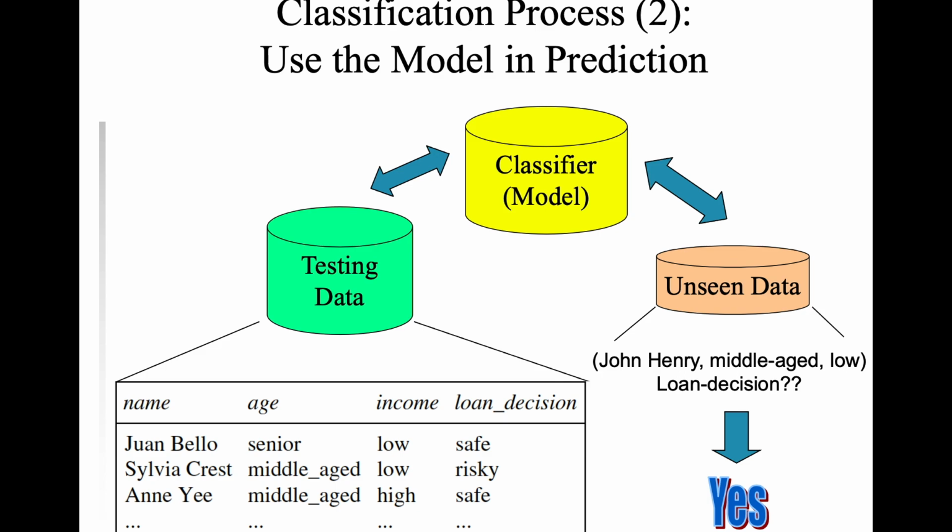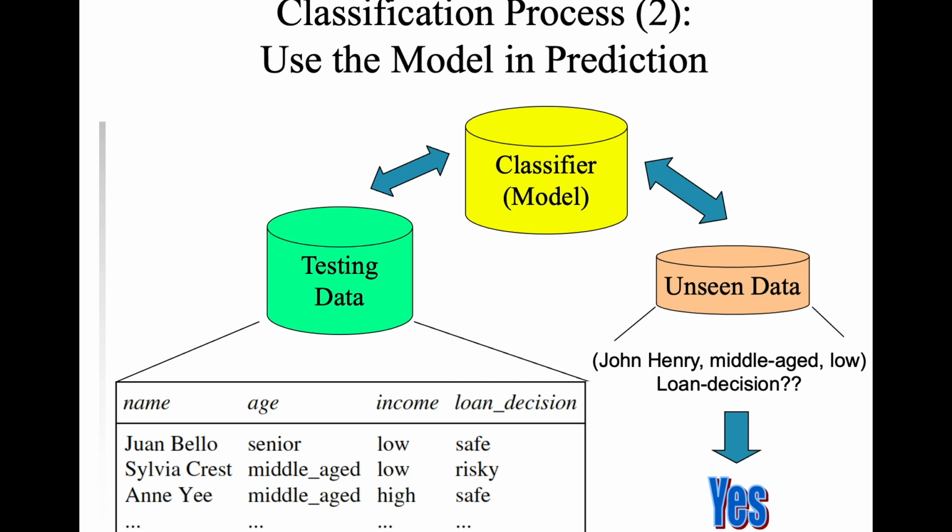If our accuracy is acceptable, we can use that model to predict the class label for future unseen data.